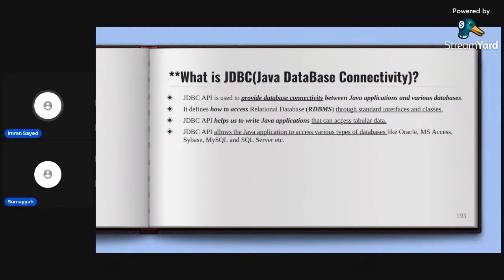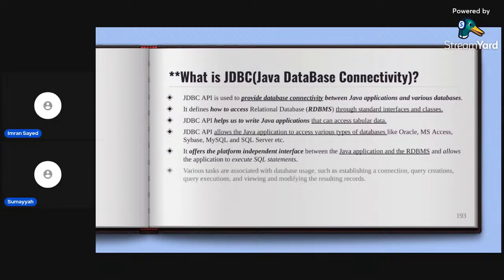Helps to write Java applications that can access tabular data. Allows Java application to access various types of databases. Offers platform independent interface between Java application and RDBMS, allows the application to execute SQL statements. Various tasks related with database usage, such as establishing a connection, query creation, query execution, viewing, modifying resulting records.